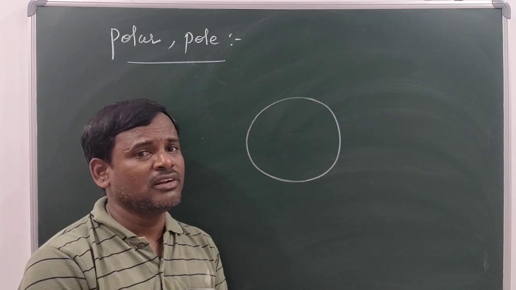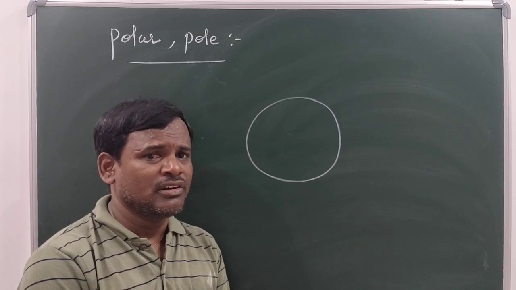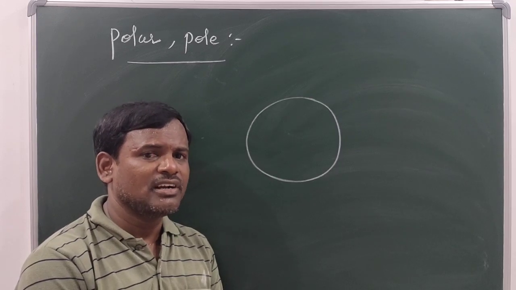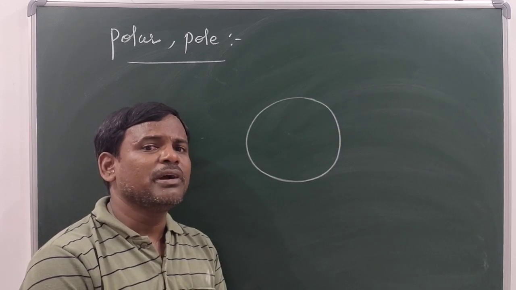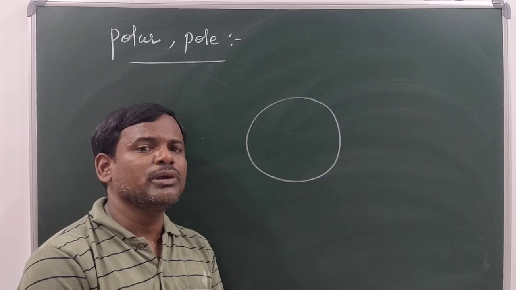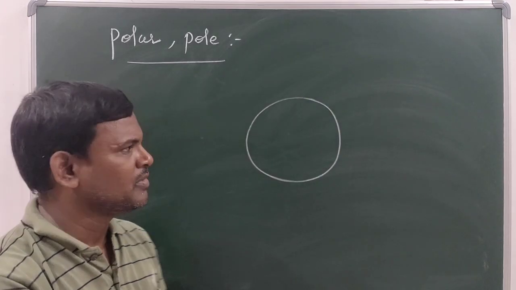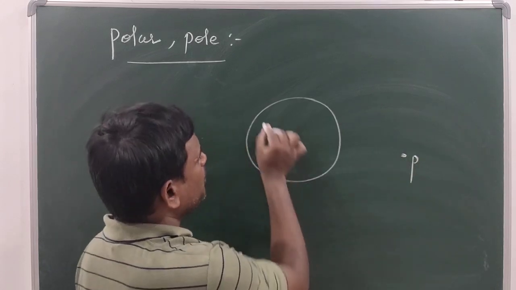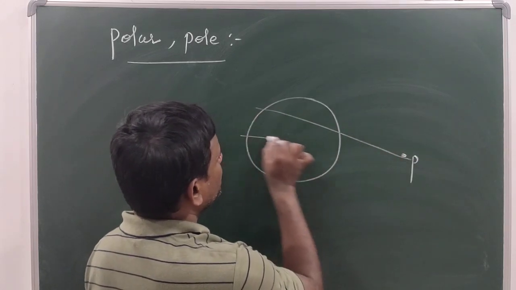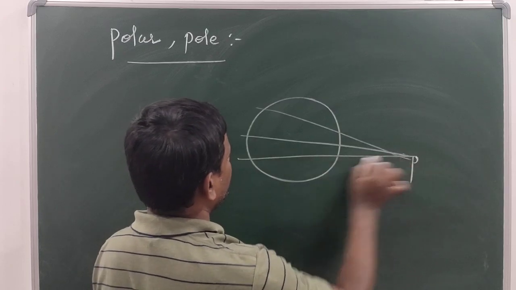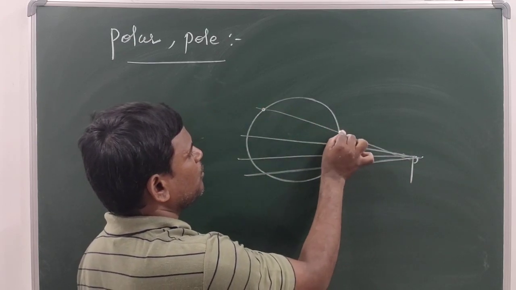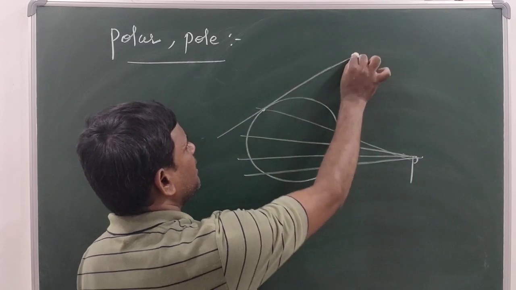See here, one point P is there. So many chords are passing through P and intersecting the circle at two distinct points where I am drawing the tangents.